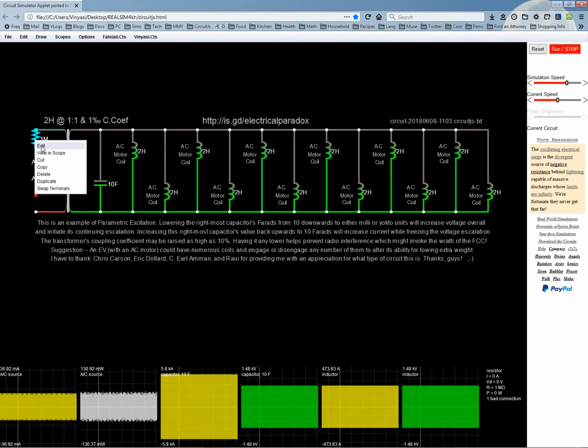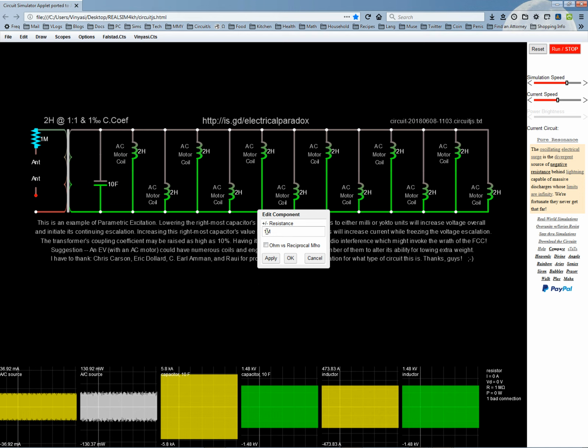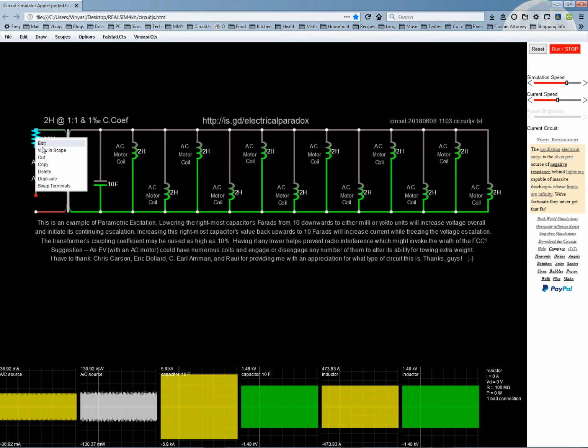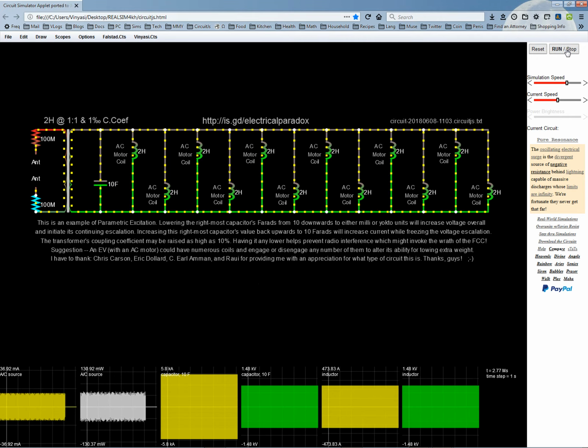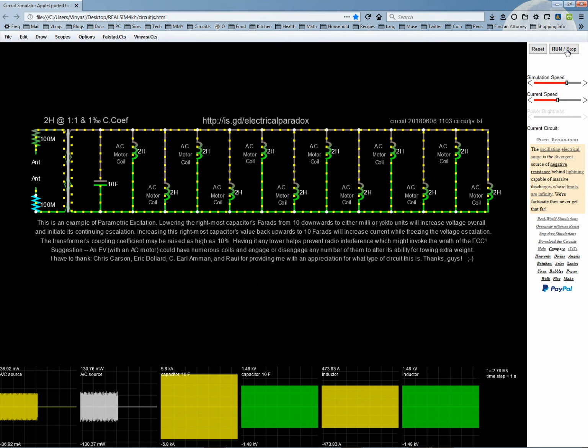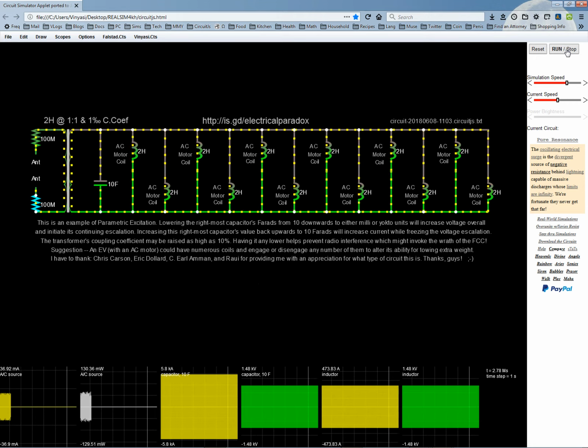Why don't I take this up to 100? Because 100 megaohms is not too exotic. Maybe for high voltage it is, I don't know. But ooh, that looks good. That looks really good.